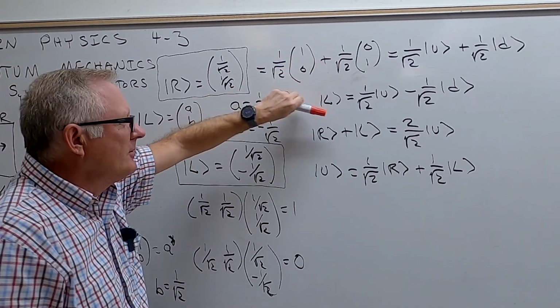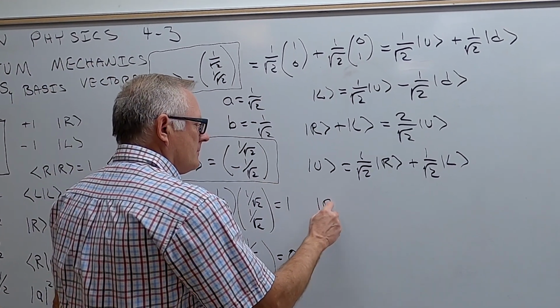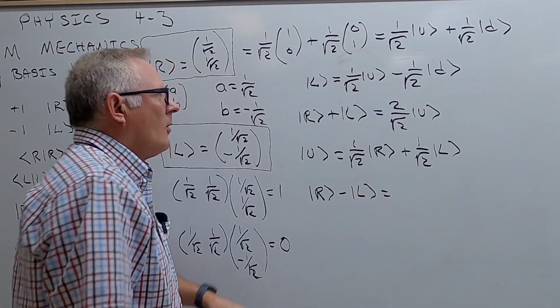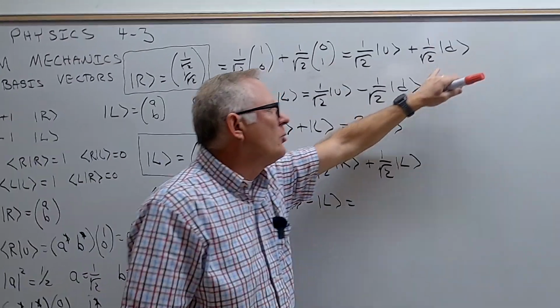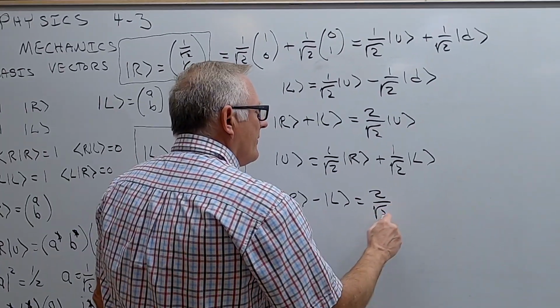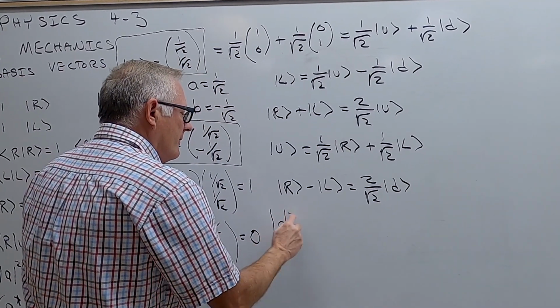Or if I subtract these two, right minus left, well, the ups drop out, and that gives me 2 of these. So I get 2 all over the square root of 2 down, or I can solve for the down.